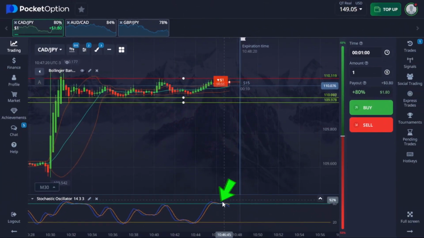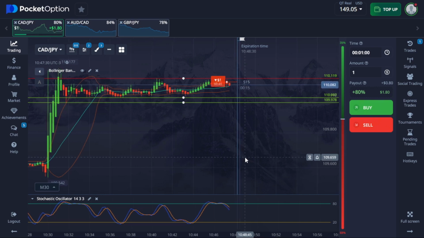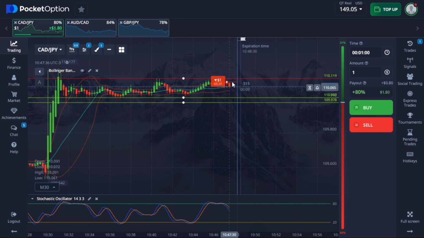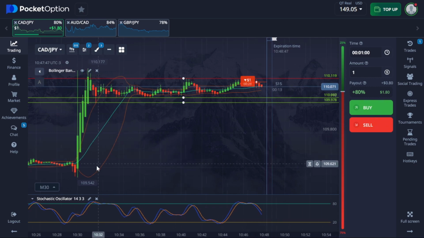Right here we have a good point, because I'm just showing this for you. I'm using $1 just to show you. That is a good example. We have all the good points: the Bollinger Bands line and the Stochastic oscillator.